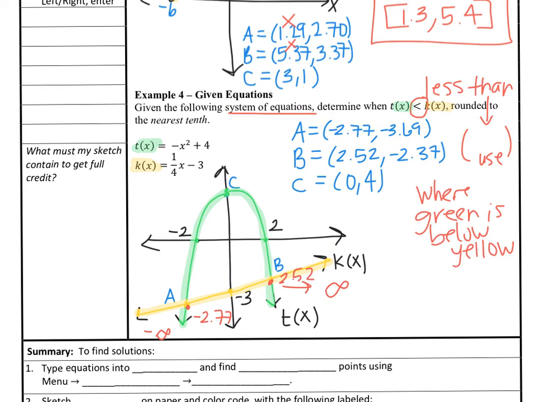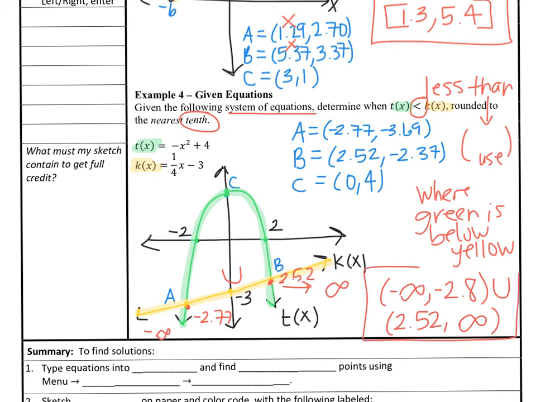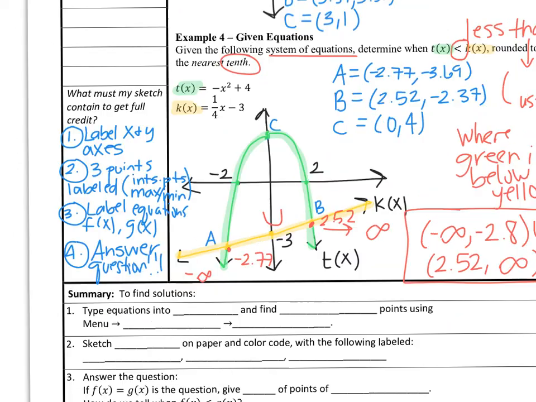So how we're going to write our final answer is from negative infinity up to, since we want the nearest tenth, negative 2.8, union, and we have that little break, so we unite with the other set from the x value of 2.52 all the way to positive infinity. Okay, so there is your answer to where the green is below the yellow.